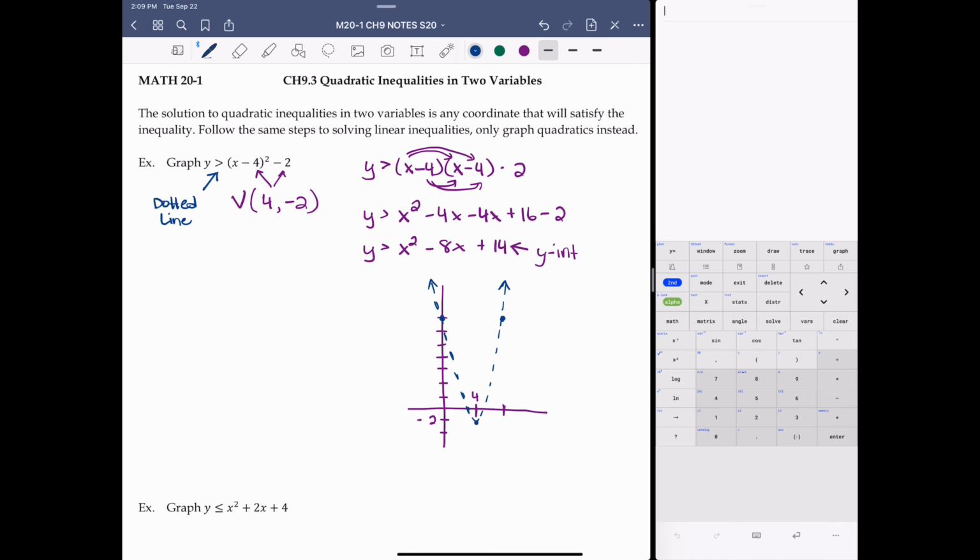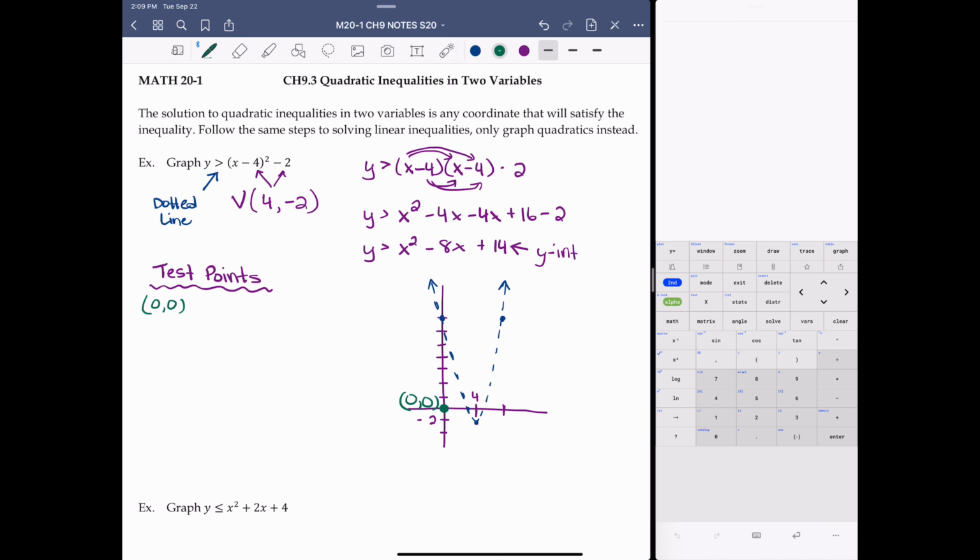We need to do some test points. We're going to test a point that's inside the parabola, and a point that is outside the parabola. So I'm going to pick some easy points here. (0, 0), which is definitely on one side, is a good one to pick.